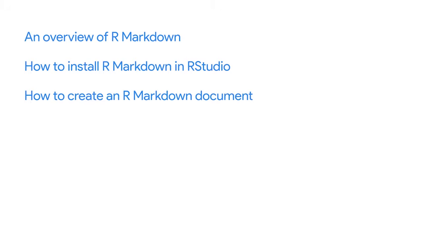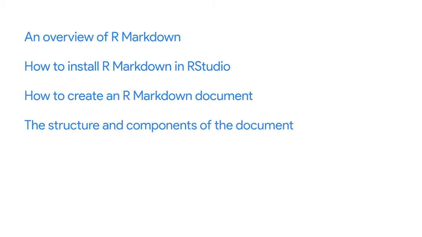In this course, we'll start with an overview of R Markdown, and then we'll learn how to install R Markdown in RStudio. After that, we'll check out how to create an R Markdown document. We'll also explore the structure and components of the document, so you'll have an idea of how to use them to record and report your analysis.